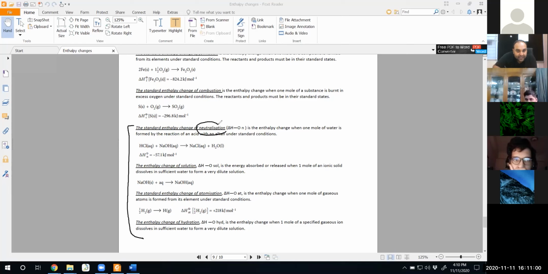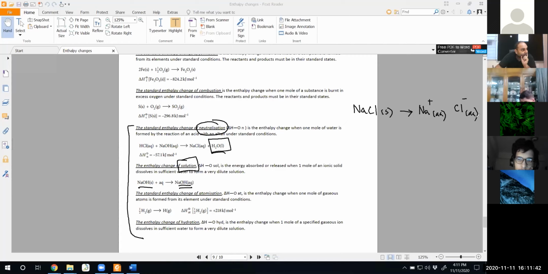So neutralization means when 1 mole of water is formed. When it's about a neutralization reaction, we're concerned about 1 mole of water being formed. And solution means when 1 mole of a substance dissolves in water. So what happens when sodium chloride dissolves in water? Aqueous solution forms, of dissociated ions, right?